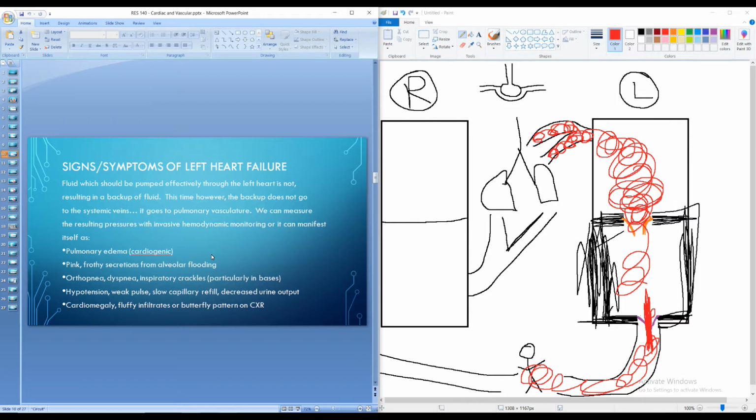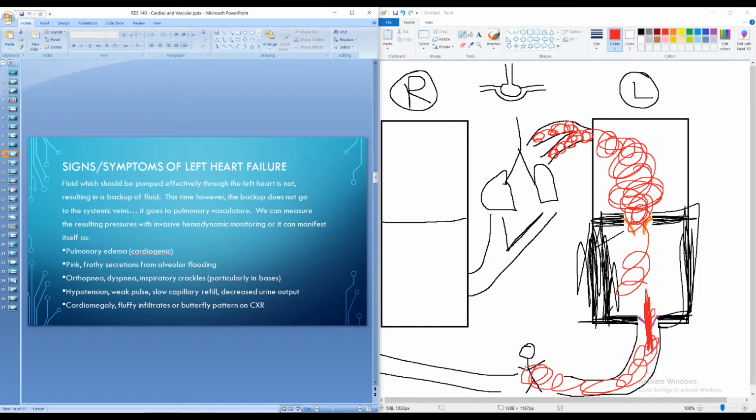So we've already talked at length about cardiogenic pulmonary edema. This is the cardiogenic pulmonary edema right here. This wouldn't be high permeability pulmonary edema or non-cardiogenic ARDS type pulmonary edema. This is very much due to the fact that the heart failed. Why it failed is kind of irrelevant at this point.